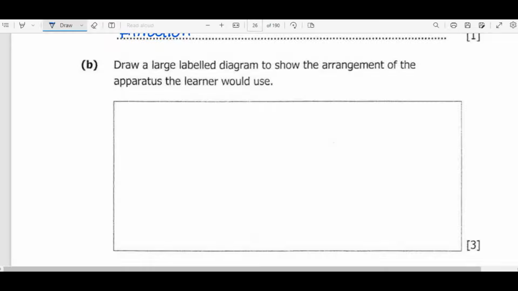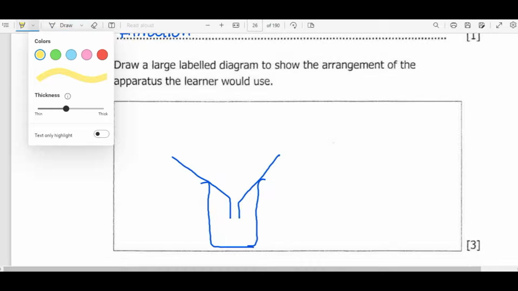Draw a large labelled diagram to show the arrangement of the apparatus the learner would use. So under filtration, we can first begin by drawing the beaker where the pure water would be collected. Then from there, we need to use a funnel. Then what else are we supposed to put? We need to use a filter paper.